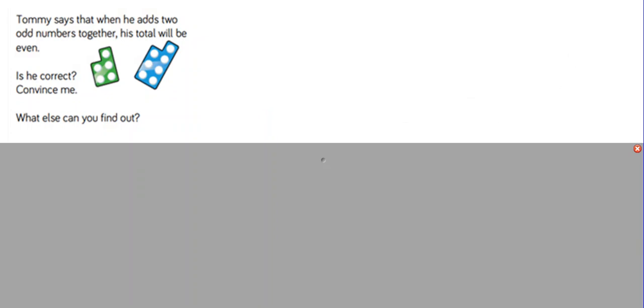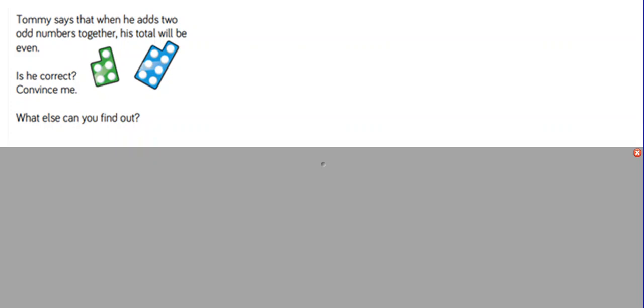So Tommy says that when he adds two odd numbers together, his total will be even. Is he correct? Convince me. Okay, so here I want you to still use your columns, okay? But because you are adding these two numbers together, I want you to use the same column, but maybe use a different colour.